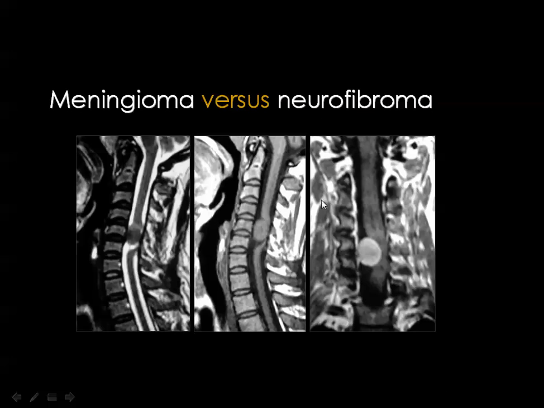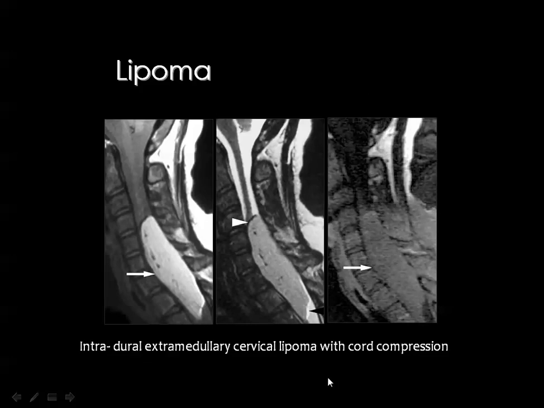It can be one of them. Then it's enough to say that this is a subdural lesion, and the differential diagnosis may include meningioma and the neurofibroma. Being homogeneously enhanced, you can suspect the meningioma, but you should remember that neurofibroma, whenever it is small, will show homogeneous enhancement in most of the cases.